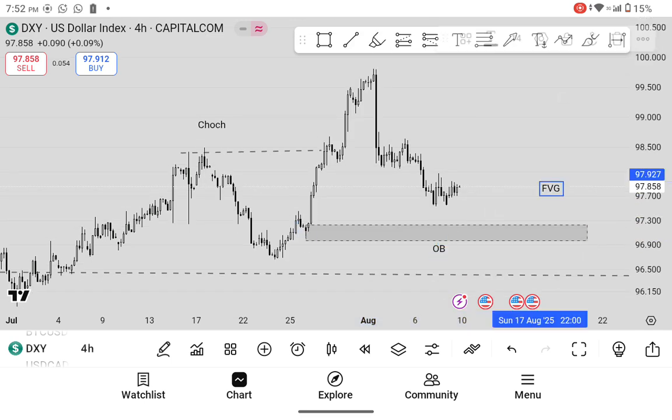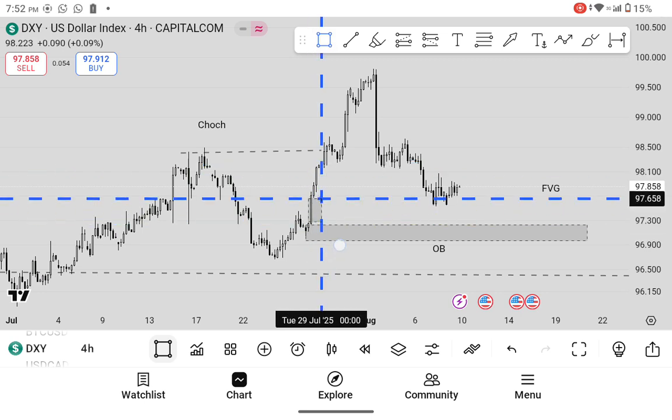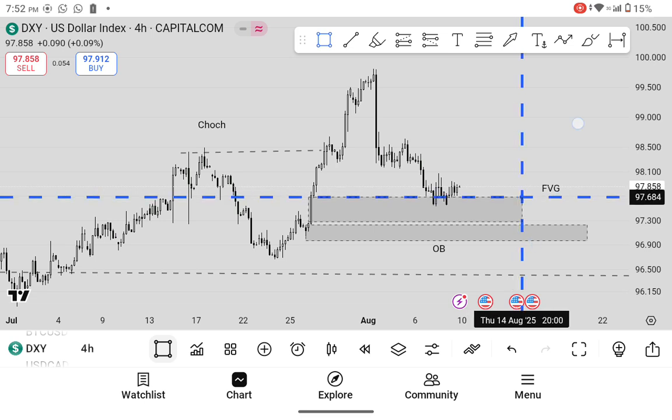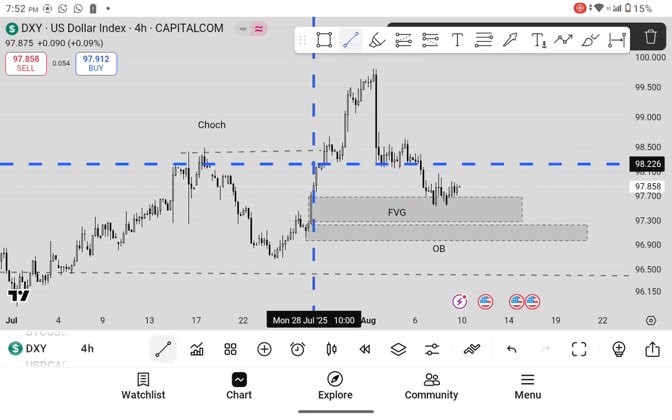So don't mind the drawings, just follow what I'm trying to say. You see this is the order block, very clean, and you see the fair value gap also clean. And if you notice, you see the market reacting in the fair value gap. In my point of view, I'm looking at the market to take out this high firstly.